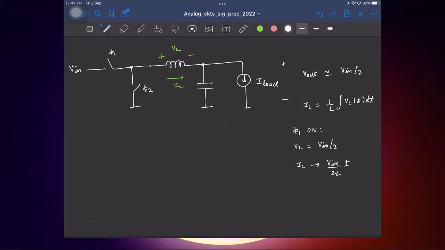It will do something like this. And when phi 2 is on, what is the inductor voltage? Minus Vin by 2, right? Because this is 0 and this is Vin by 2. So the inductor current will ramp down with the same slope.